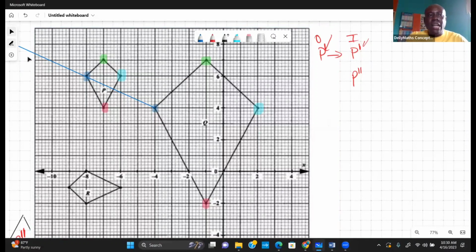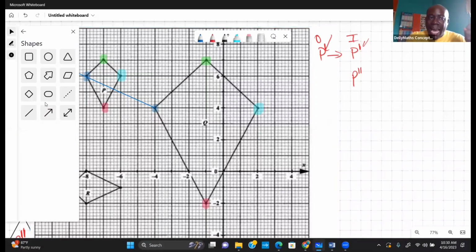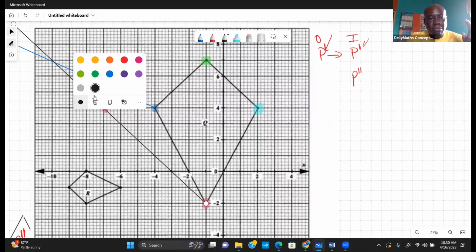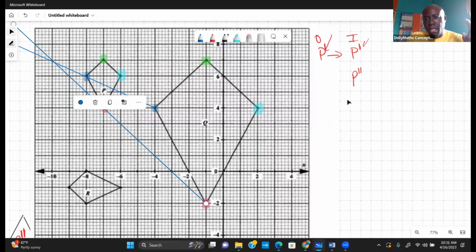So let's connect another corresponding pair. The idea of corresponding is that anything corresponding, watch this. So the moment you draw 2 corresponding lines, they are going to meet at the center. So already, this is the center right here.